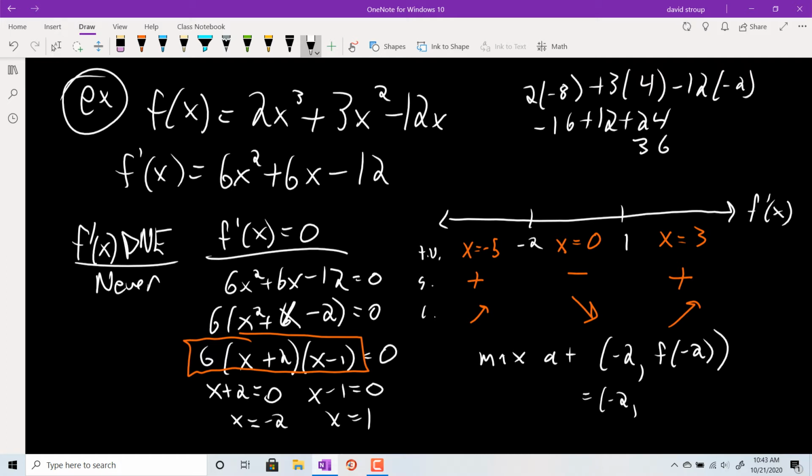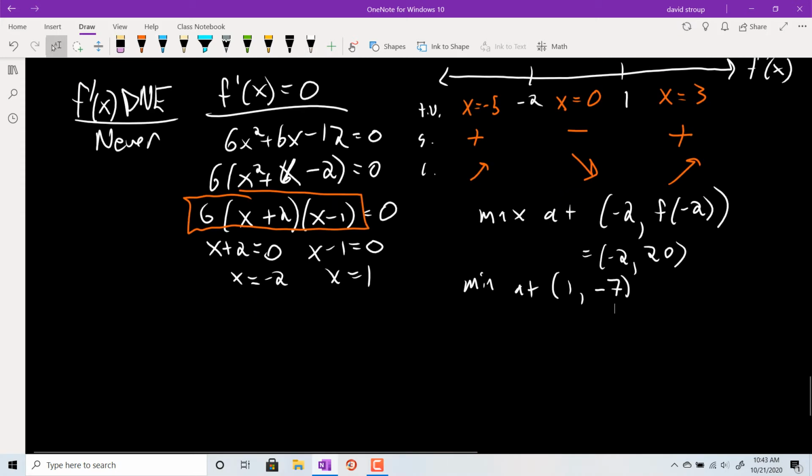So 36 minus 16 is 20. And then the min value is going to be at 1. So at (1, f(1)), it should be 5 minus 12, which is -7.